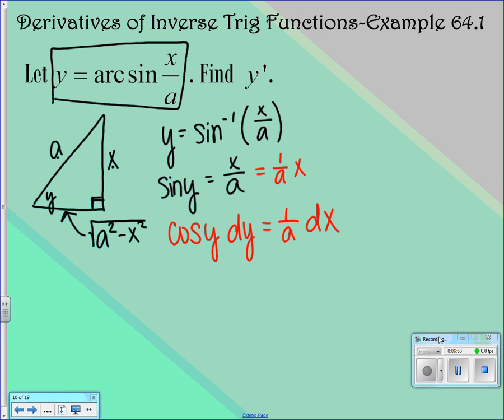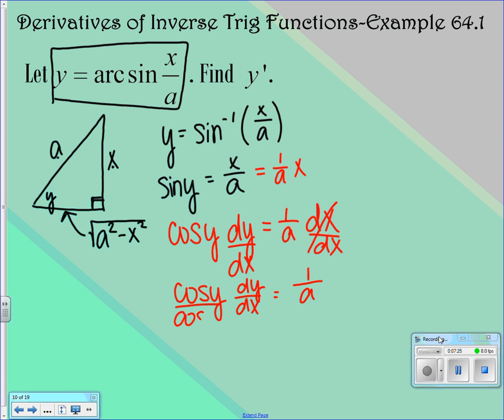So really you're just taking the derivative of x, which is 1 dx, and then the 1 over a is just some random number there. And so that would be your differential, and so now we solve it for dy over dx. So if you divide by dx, you get the cosine of y, dy over dx, equals 1 over a, and then we need to get rid of the cosine of y.